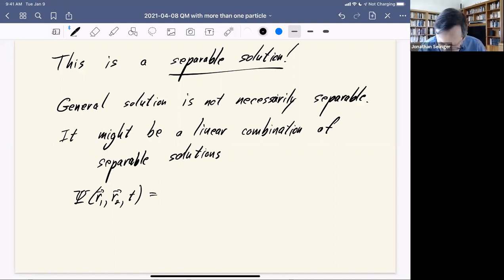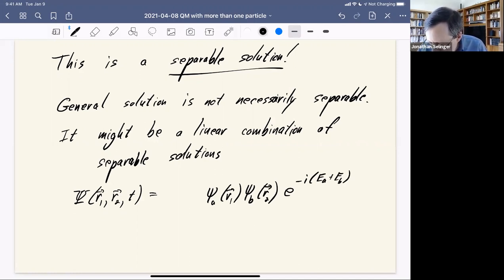So here's one. Let's say psi A of R1 times psi B of R2 times e to the minus i (EA plus EB) t over h bar. Okay, so this is what we just found, right?